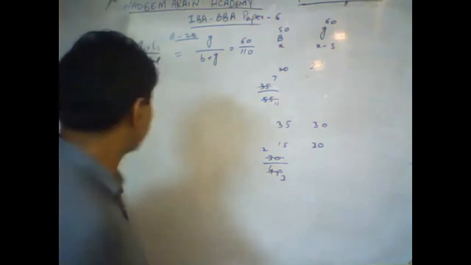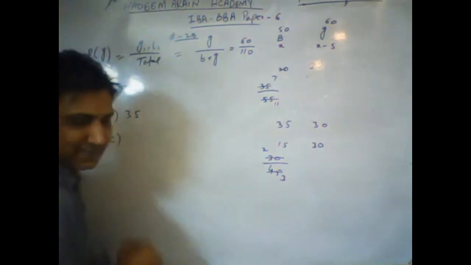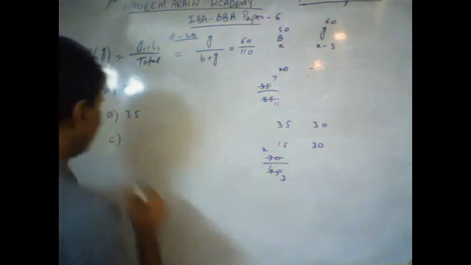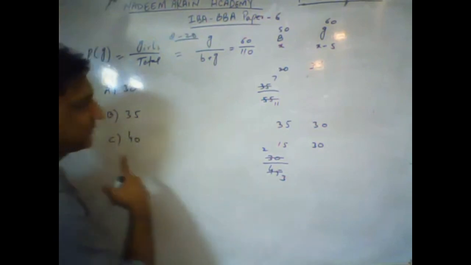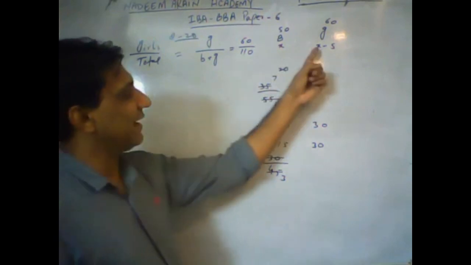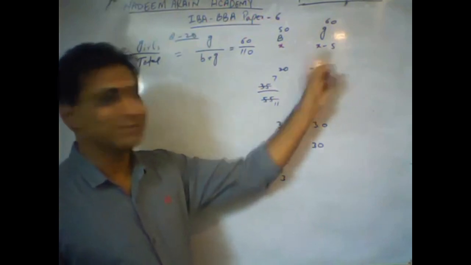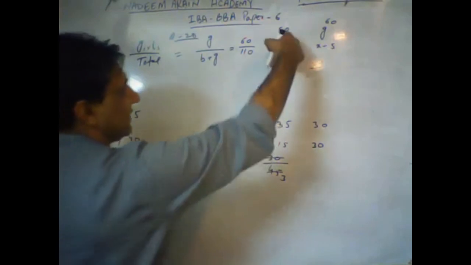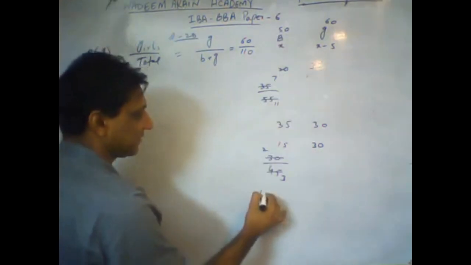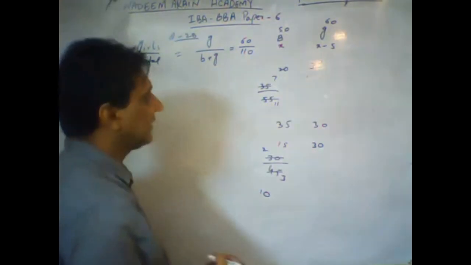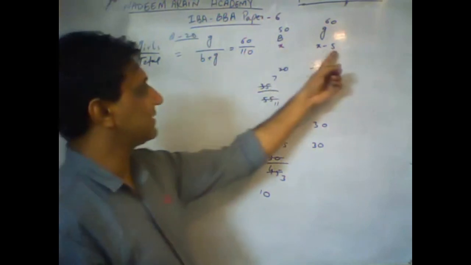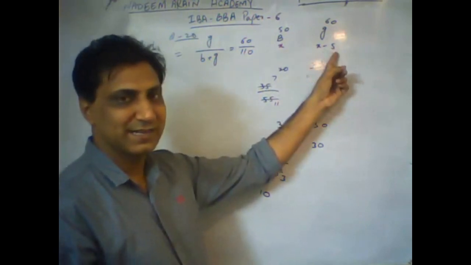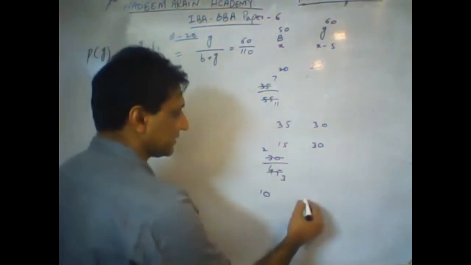Okay, so come to option C, that is 40. This means 40 boys are leaving and 40 minus 5, 35 girls are leaving. So if 40 boys leave, there will be 10 boys left. And if 35 girls leave, there will be 25 girls left.